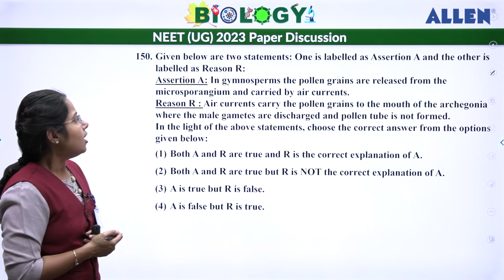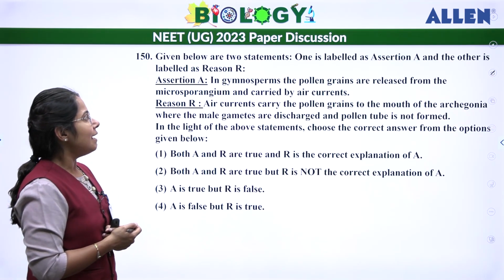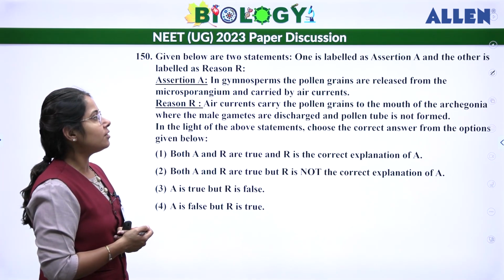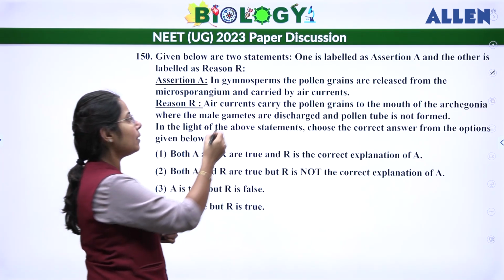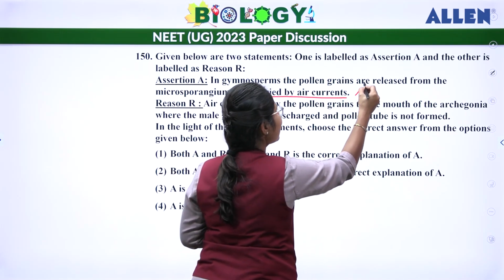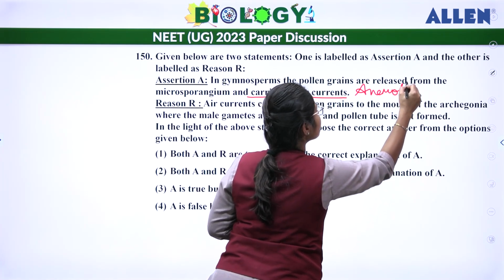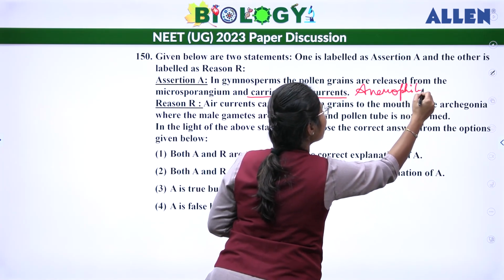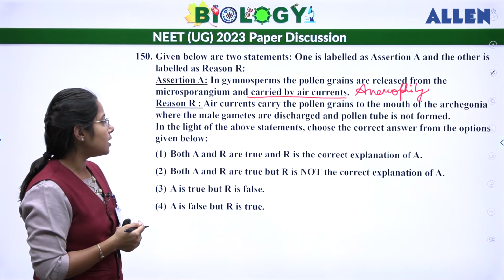Next question. The two statements, assertion and reason. The first, assertion: in gymnosperms, the pollen grains are released from the microsporangium and carried by air current, which is true. Anemophily, wind pollination, will occur in the case of gymnosperms.